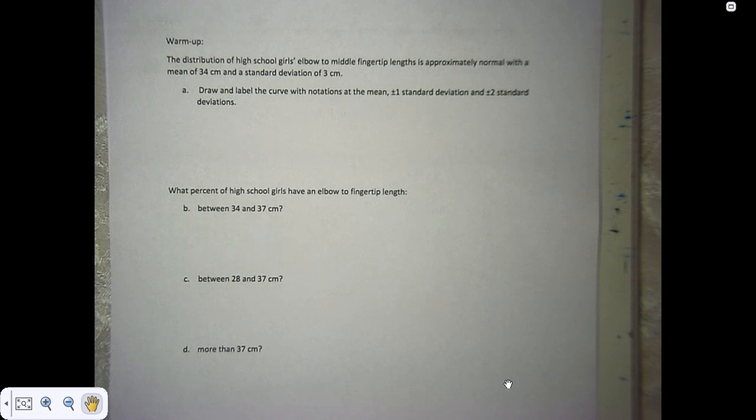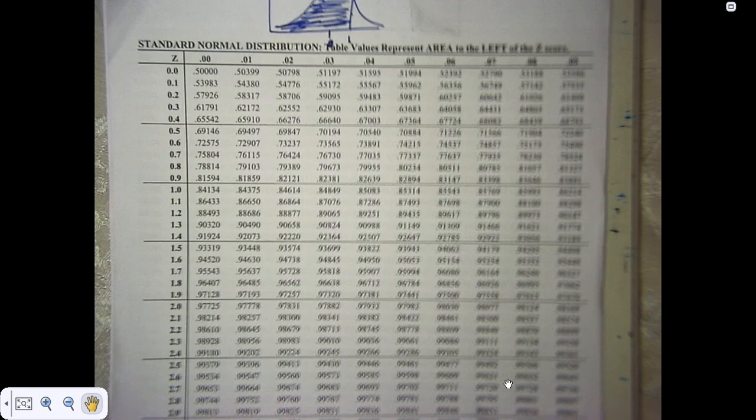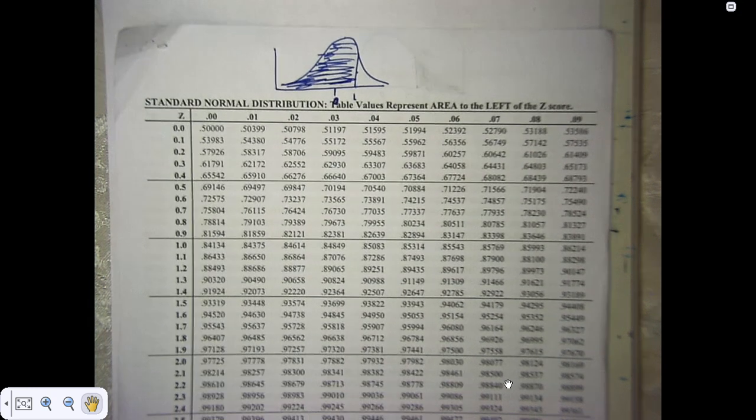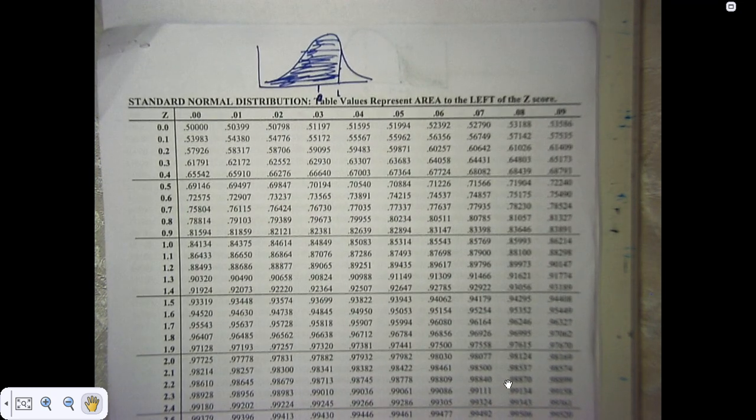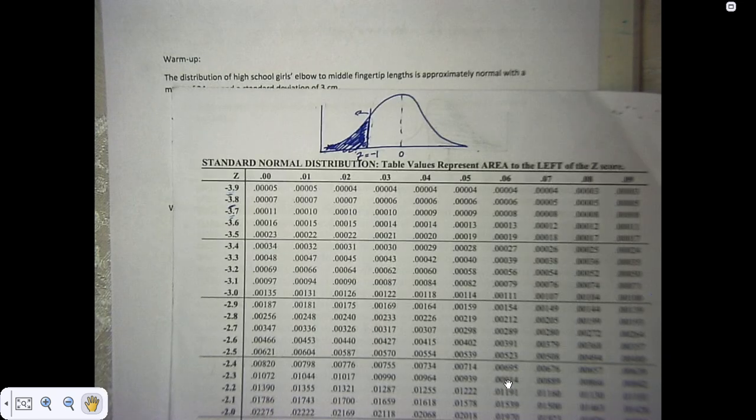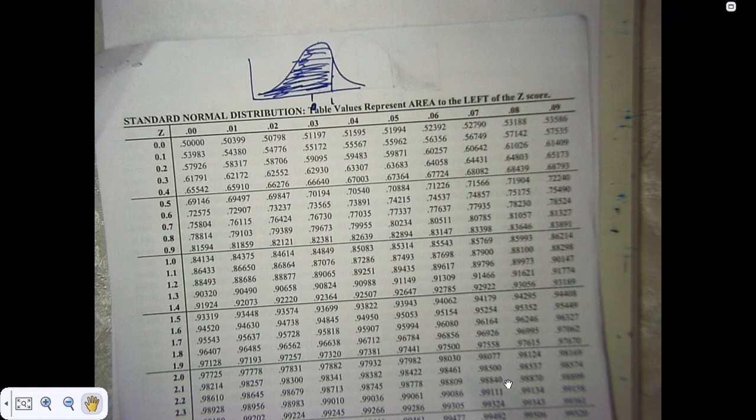Okay, so I'm assuming that you've already tried these problems. A couple other things that we're going to need before we go on to the rest of the lesson. I need you guys to access the sheets that you have with the standard normal distribution on it. This should have been the last page of your notes from the data unit. There's 2 sides to it. We'll need to access both of those.